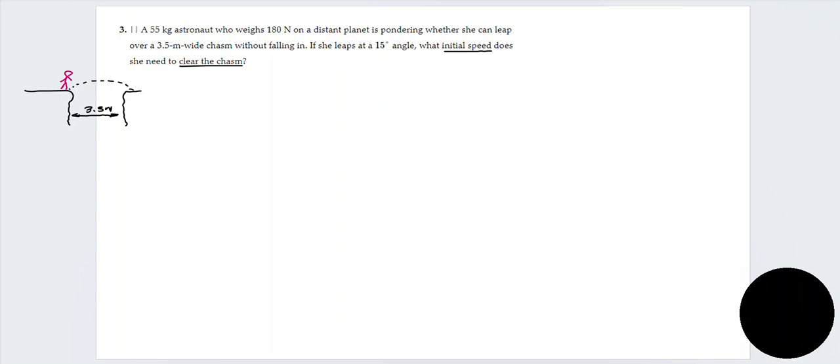Well, the first thing we need to find out here is what is the acceleration of gravity on this planet. So we know that the mass of the astronaut is just 55 kilograms. We know that the weight is 180 newtons. We know that weight is equal to mass times gravity.